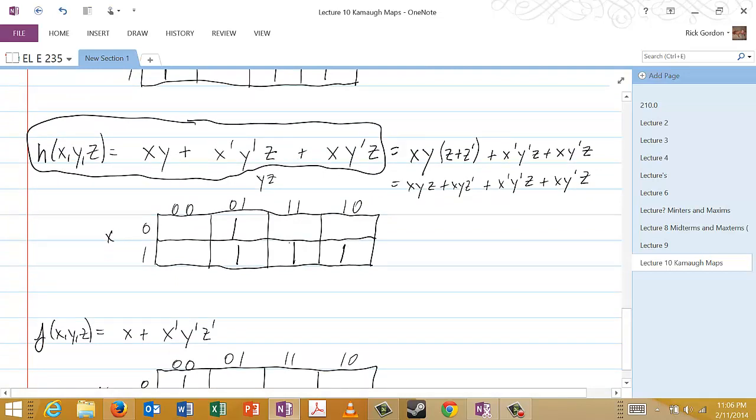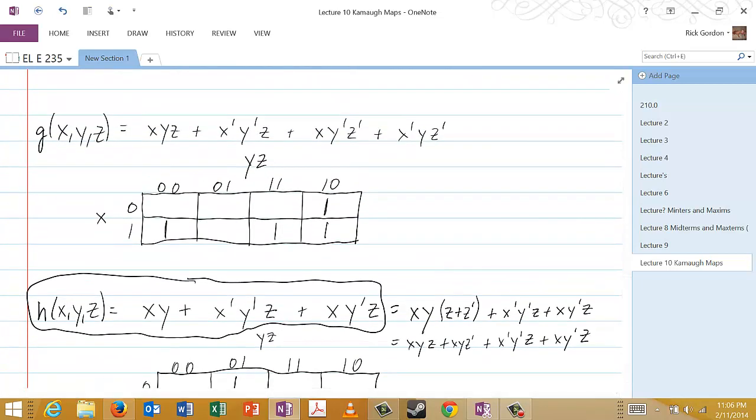It gave us these 2 1s. But a term with 3 variables in it corresponds to just 1 cell. So this is an interesting thing to remember. The shorter the term is over here in your functional expression, the larger it will appear on the Karnaugh map. In other words, the more 1s you will need to fill in.